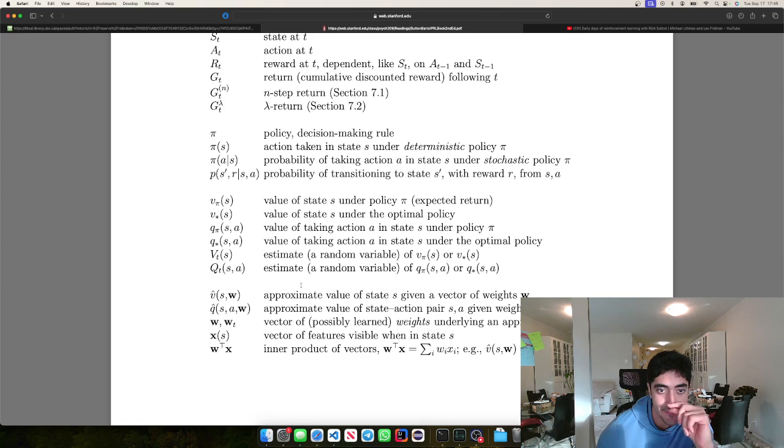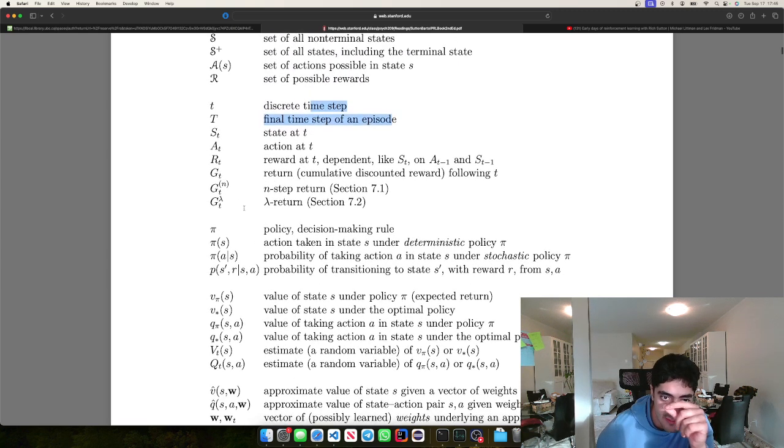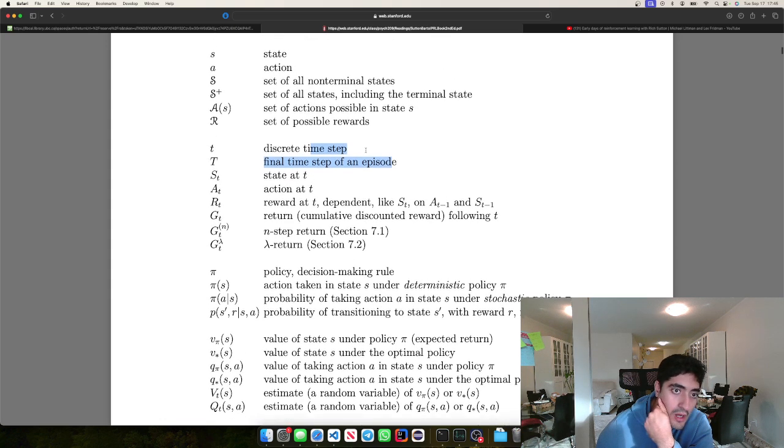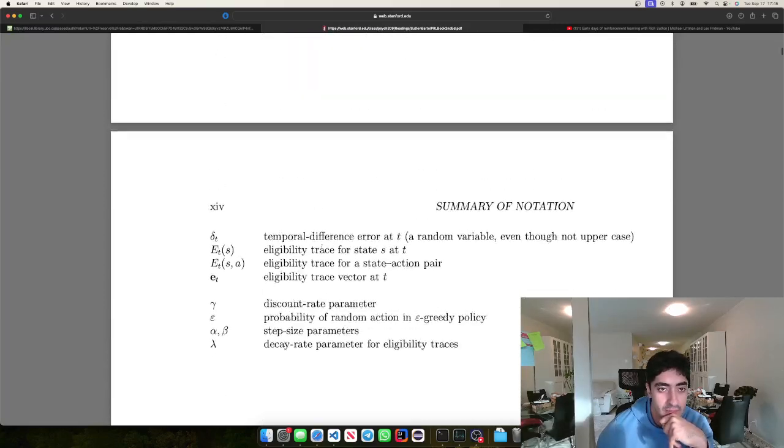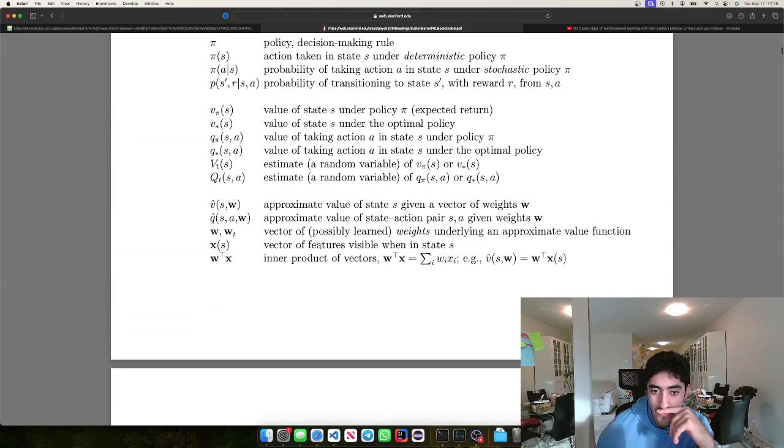So the capital ones were reward at t, and subscripts like S_t are the state at t. Okay. Probably need to see these being used.